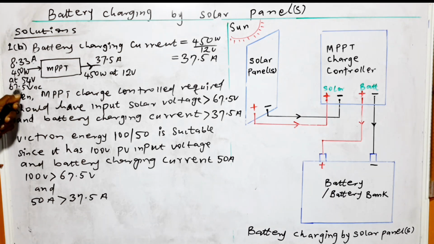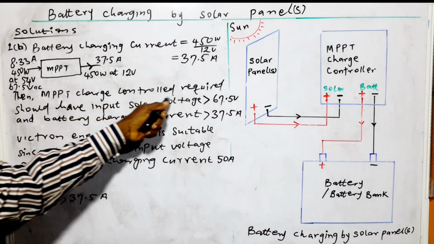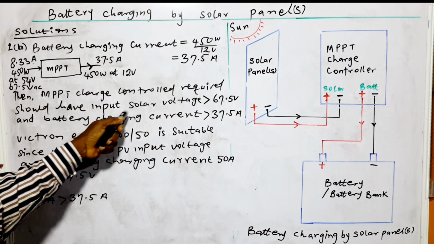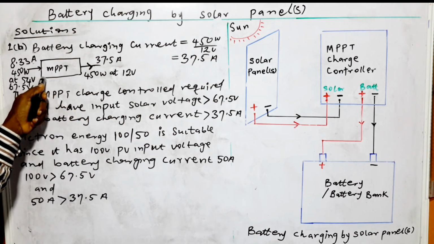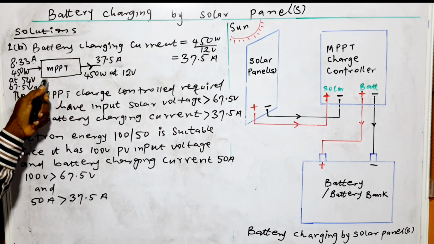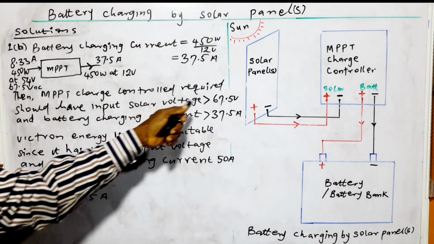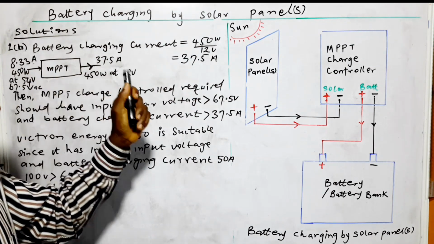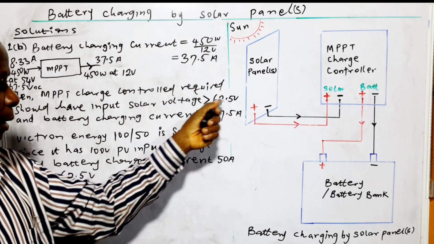This is the total open circuit voltage for the solar panel array. Now, the MPPT charge controller requires an input solar voltage, that is the input terminal from the solar panel. The voltage is this, as calculated earlier. This is the open circuit voltage of this solar panel array.